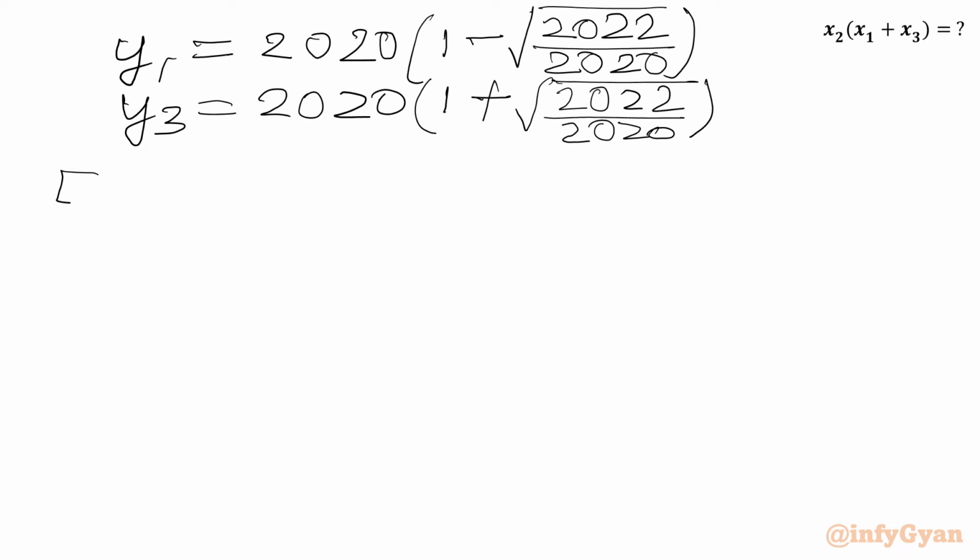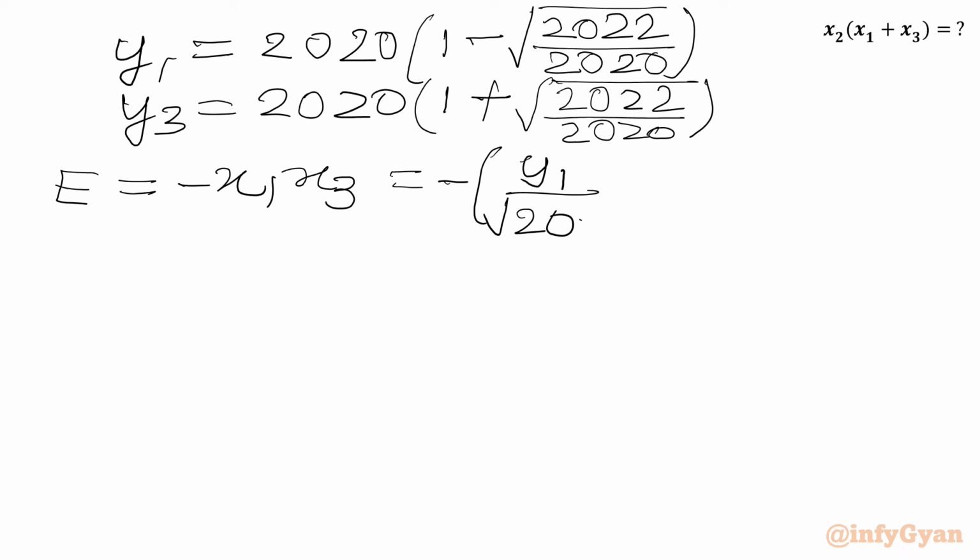Now our required expression, after using Vieta's method, was minus x1 x3, and x1 will be equal to minus of y1 over square root 2020. This is x1, and similarly x3 will be y3 over square root 2020.